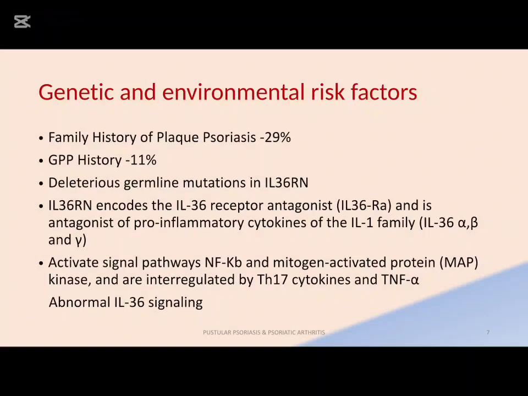IL36RN encodes the IL-36 receptor antagonist, an antagonist of pro-inflammatory cytokines of the interleukin 1 family, which activate signal pathways NF-κB and mitogen-activated protein MAP kinase and are interregulated by helper T17 cytokines and TNF alpha. Abnormal interleukin 36 signaling is also involved.